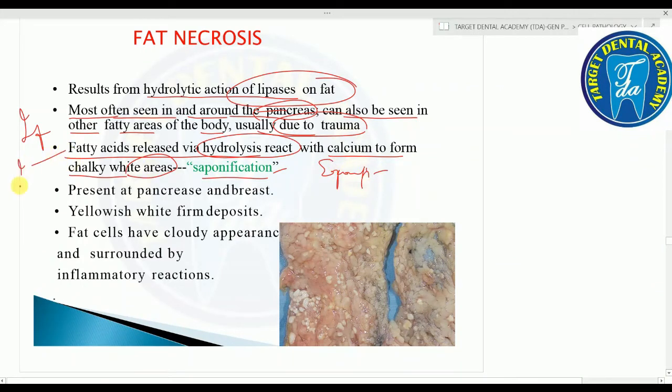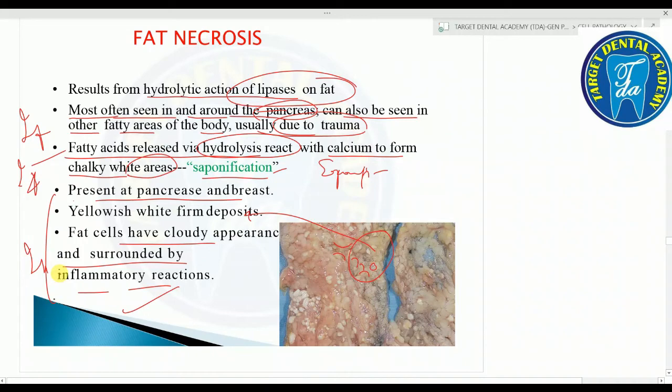Very important. It is present at the pancreas and in the breast. There are yellowish white firm deposits. The fat cells have a cloudy appearance, and are surrounded by inflammatory reaction.